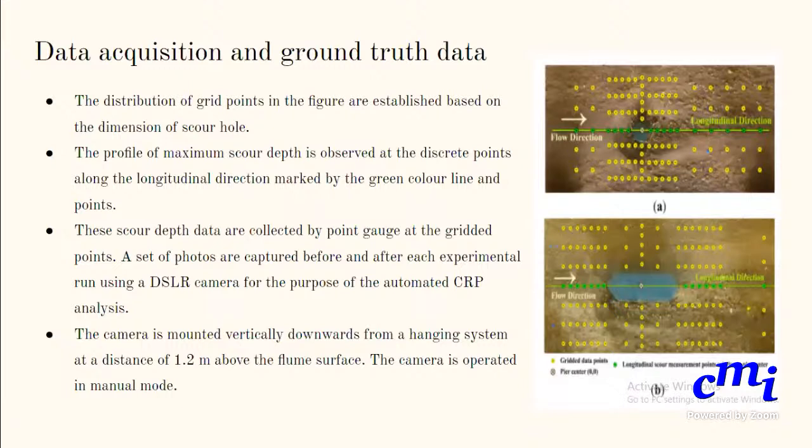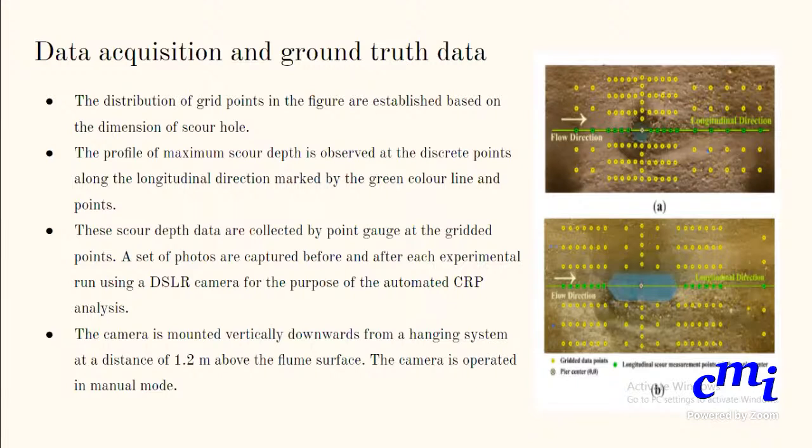Yeah. So for the data acquisition and ground truth data, the distribution of the grid points in the figure was established based on the dimension of the scour hole. Here, the circle and the hexagonal blue area is the scour hole, and the middle of the scour hole is the origin.